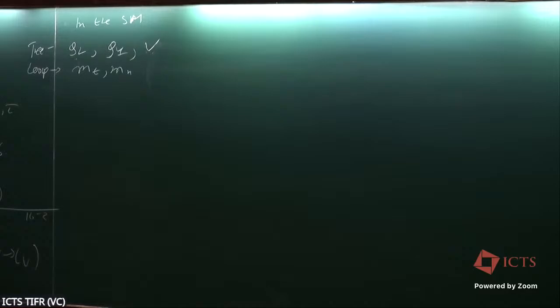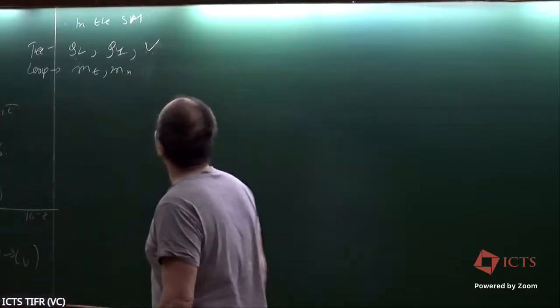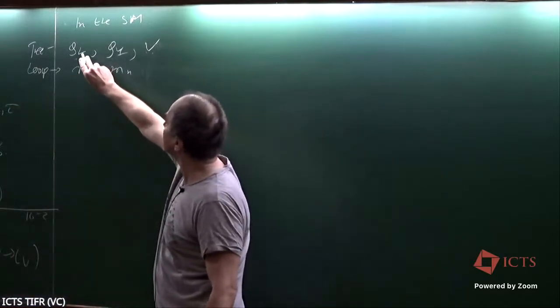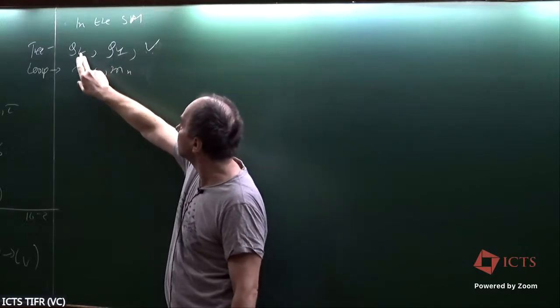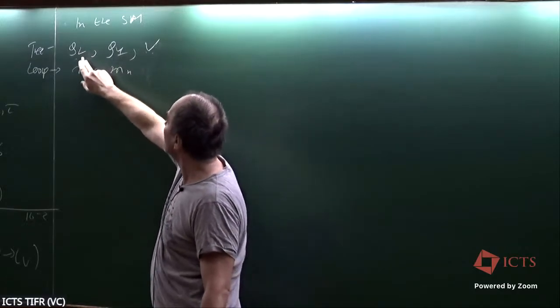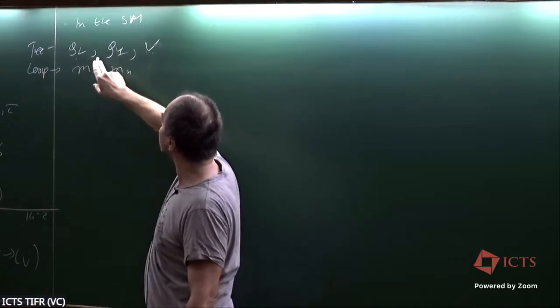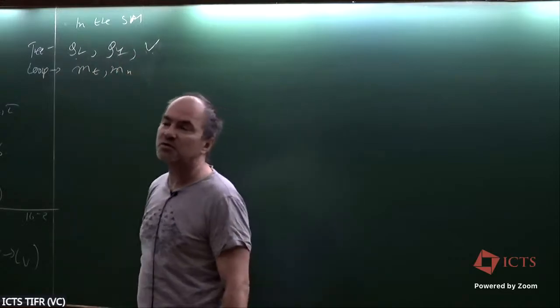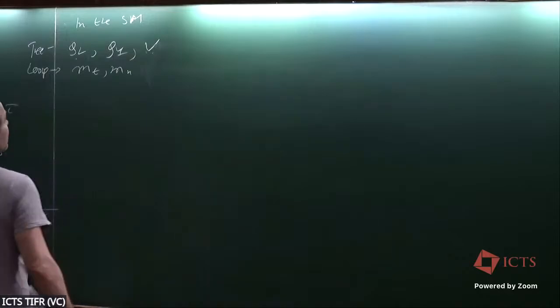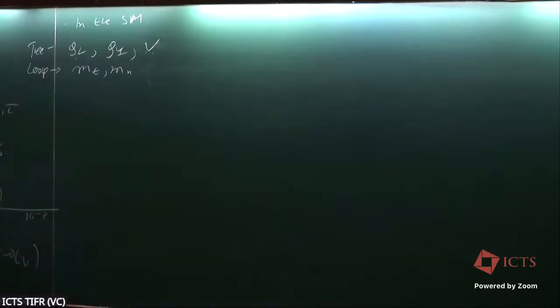So now, how do we know what the values of GL, GY, and V are? These are taken customarily from input observables. You select certain observables as your input to determine those.